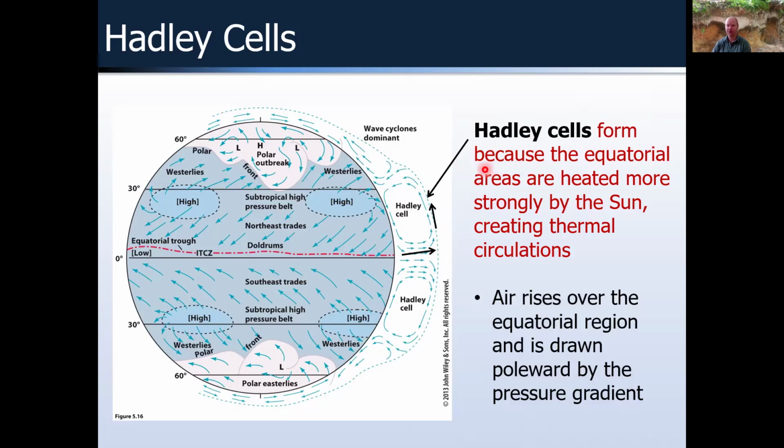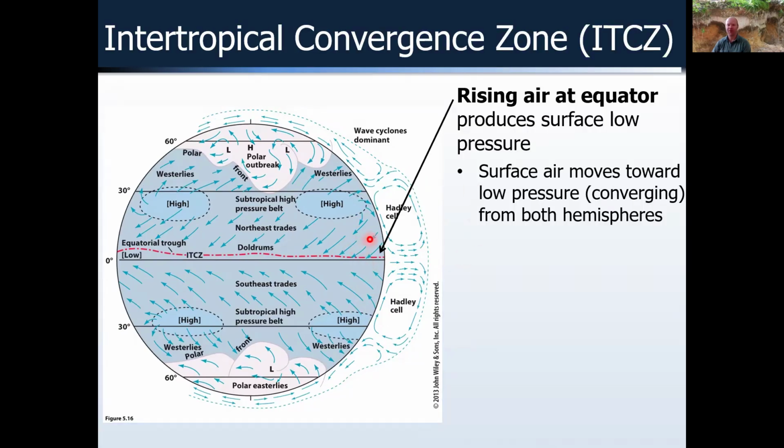Here a Hadley cell forms because of the intense heating of the equatorial regions, causing air to rise. At the surface, the air is converging, and these arrows show converging winds from the north and from the south above this ITCZ, the intertropical convergence zone, which is the location of most intense heating.